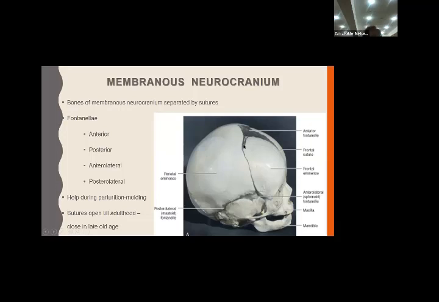This is called the anterior fontanelle. This is an extremely important area, a large diamond-shaped area that remains open till 18 months of age after birth, 1.5 to 2 years. The bones do not meet. This is important.